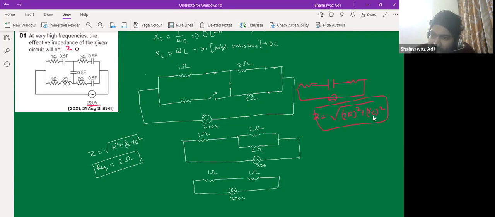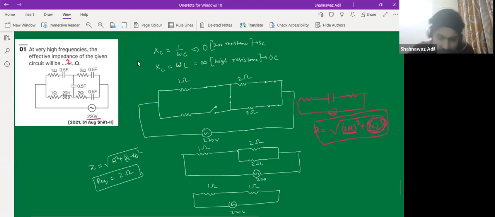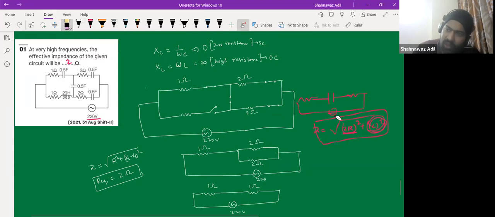But XC is very, this is open circuit, so this is 0. So that would be only the resistive part, right? So yeah, is it clear? Yes, guys, any doubts?